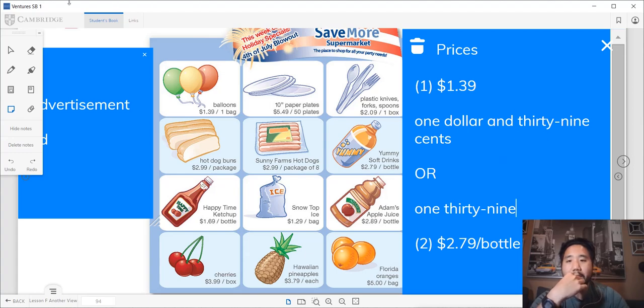And then if we go back here to the balloon, there's a dash and one bag. So here, this is how it looks, one bag, right?